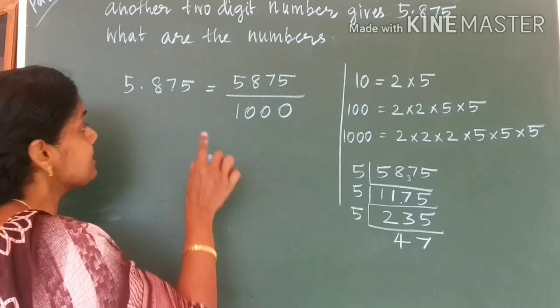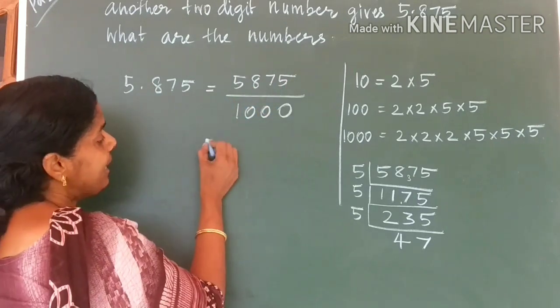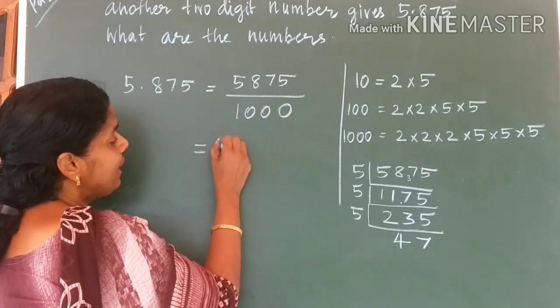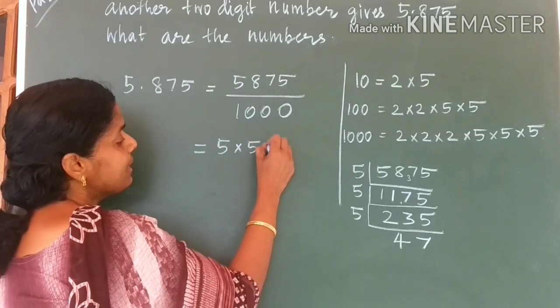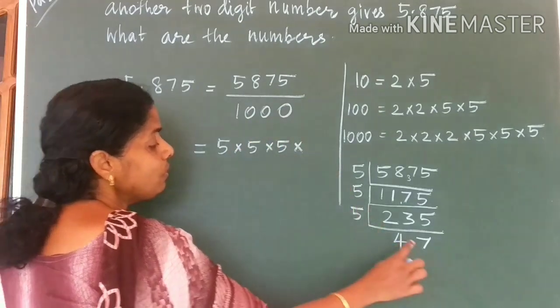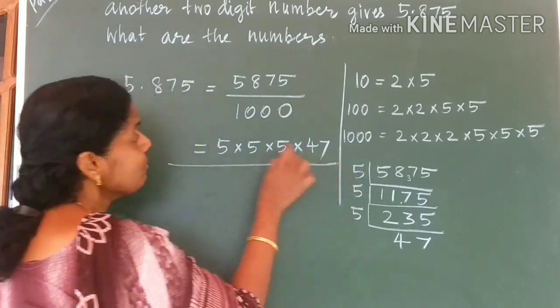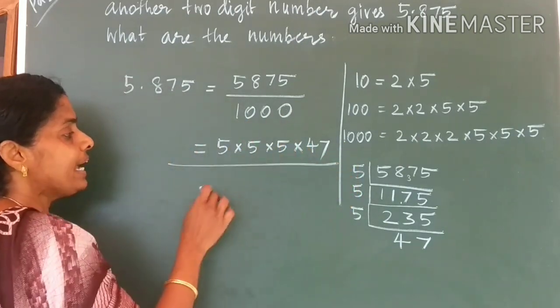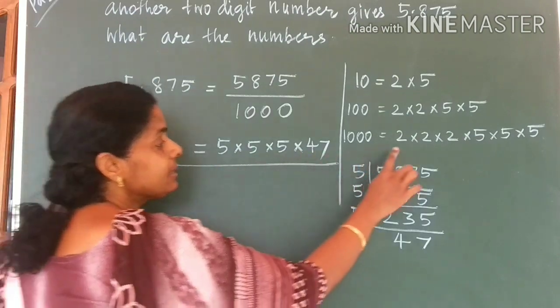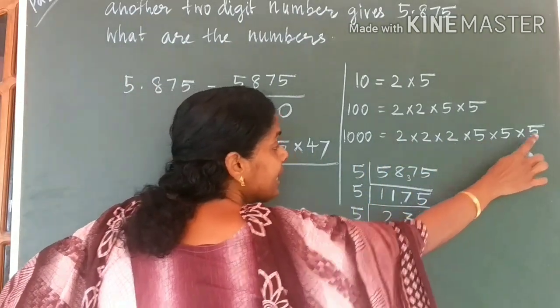So we can write 5875 is equal to 5 into 5 into 5 into the prime number 47 divided by, we know 1000 can be written as 3 2s and 3 5s.